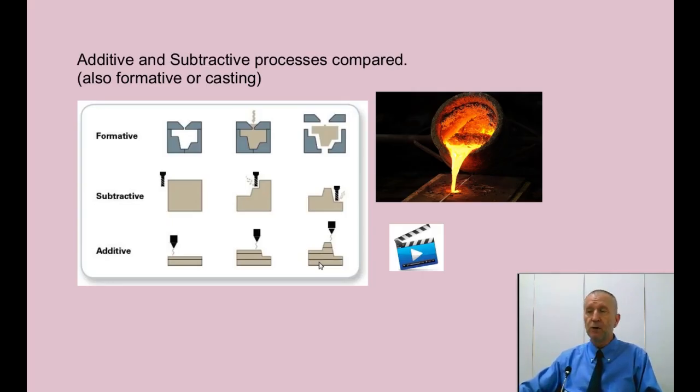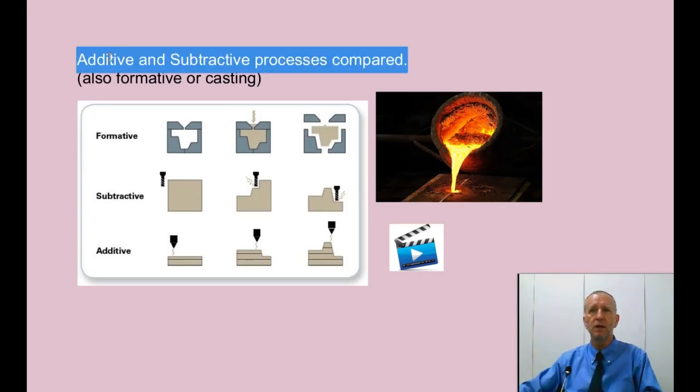So the next thing I'm going to do is show you again. It's much easier for you to see than for me to try to explain. We're not going to talk any more about casting, or formative processes. We're going to talk only about additive and subtractive processes compared.